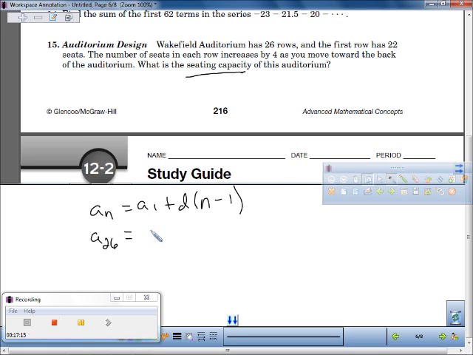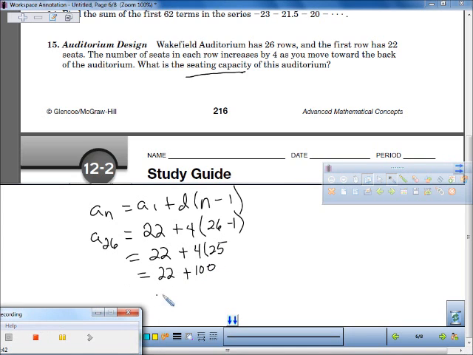The first row has 22 seats, so a1 is 22. We know that every row gets 4 more seats, and n is 26, so we put 26 minus 1. Alright, so we end up with 22 plus 4 times 25, so 22 plus 100. So the last row has 122 seats in it. So that's a sub 26.